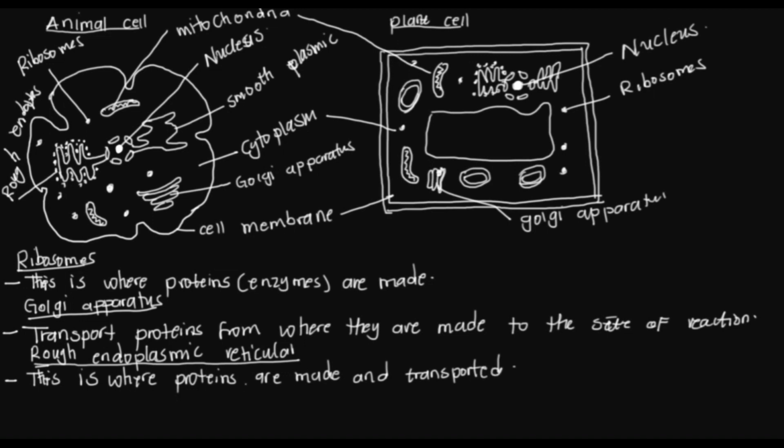Okay, then let's look at smooth. For the smooth endoplasmic reticulum, as we said, it has no ribosomes.